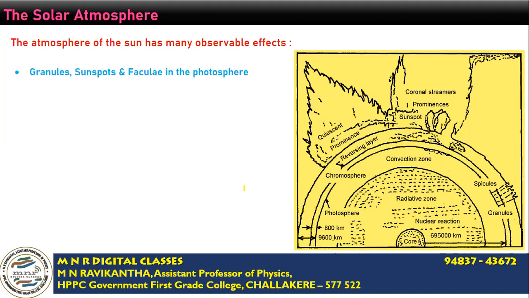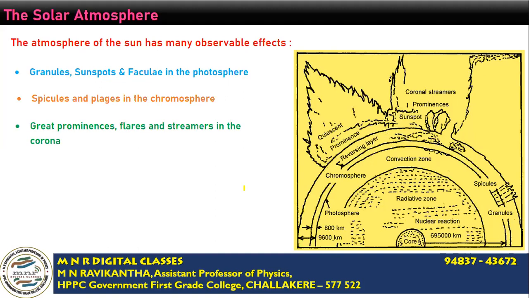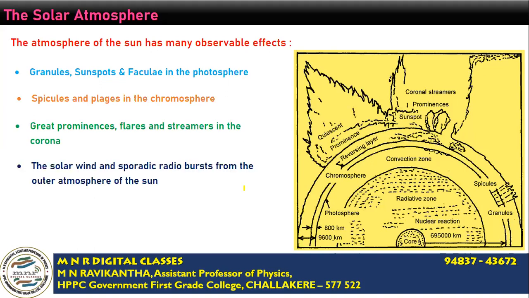In the photospheric layer, we observe phenomena such as solar granulations or simply granules, sunspots, and faculae. In the chromospheric layer, we observe spicules and plages. In the next layer, the corona, we can see the great prominences, solar flares, and streamers.